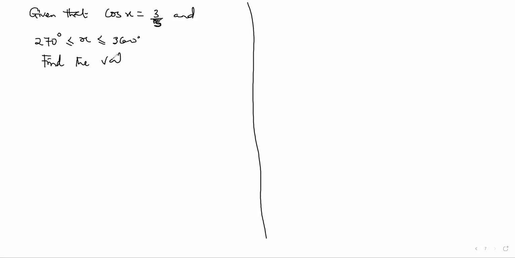Find the value of 2 minus sine square x over 1 minus sine x. How do you solve a question like this?